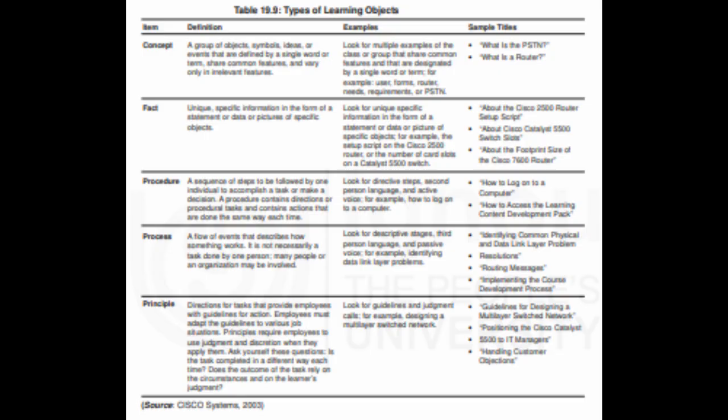Process. Use a process RLO when you need to teach how a system works. A process RLO is helpful in supporting underlying job tasks, providing motivation, and ensuring the overall quality of job performance. A process can be defined as a flow of events that describes how something works. It is a task that involves many persons or organizations, not a task to be done by one person, and may be mechanical, business, or scientific.